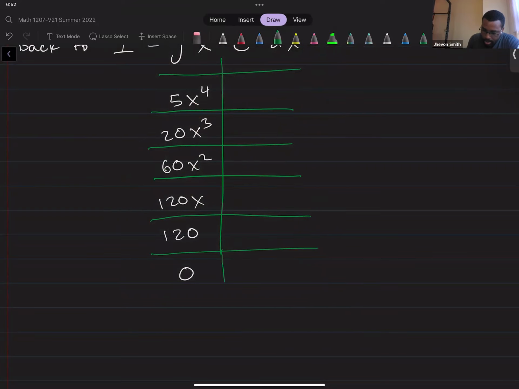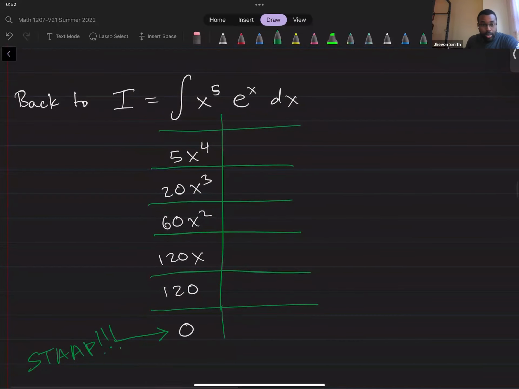At that point you stop because you hit a 0. In the right column, it's always the same thing: e to the x, e to the x, e to the x all the way down.